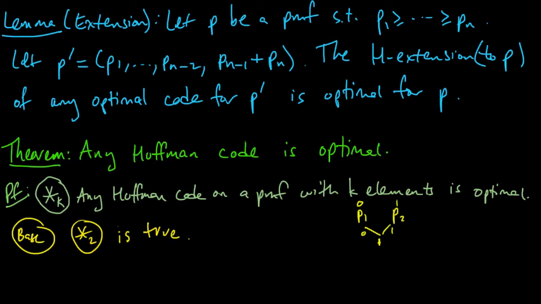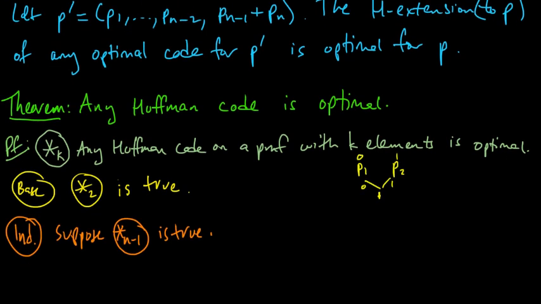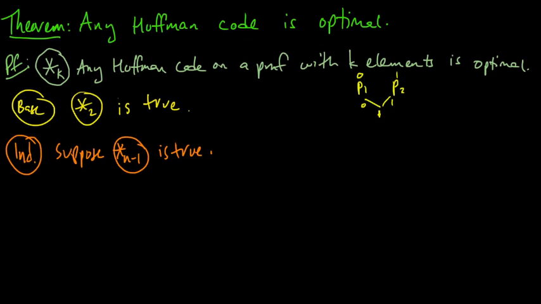And now we need to do our induction step. This is the main part, of course. So suppose star n minus 1 is true, and we'd like to show that star n is true. Star n says that any Huffman code on a PMF with n elements is optimal. So we need to have some PMF on n elements.